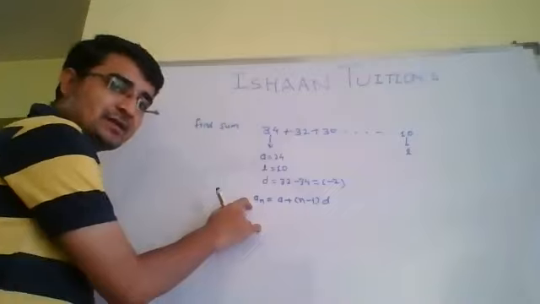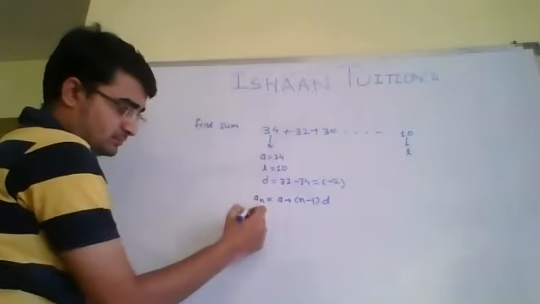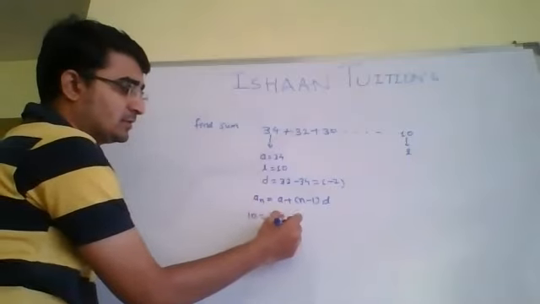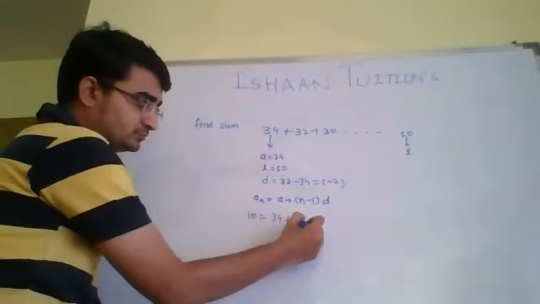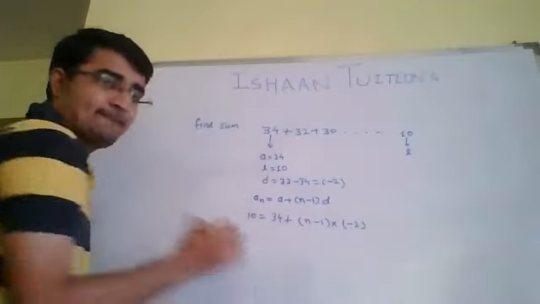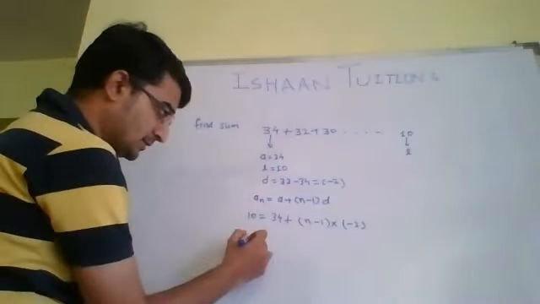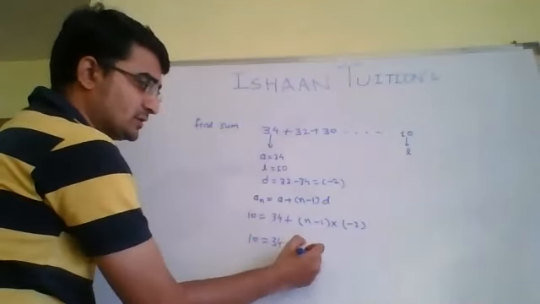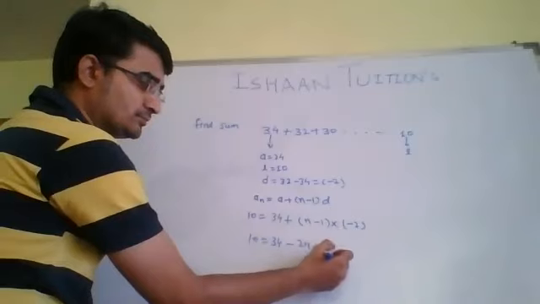An will be your last term here, so that is 10. A is the first term, that is 34, plus n, which we don't know, into the common difference. Common difference is minus 2. Let's solve this properly. 10 equals 34 plus n into minus 2, so minus 2n, and minus minus gives plus 2.